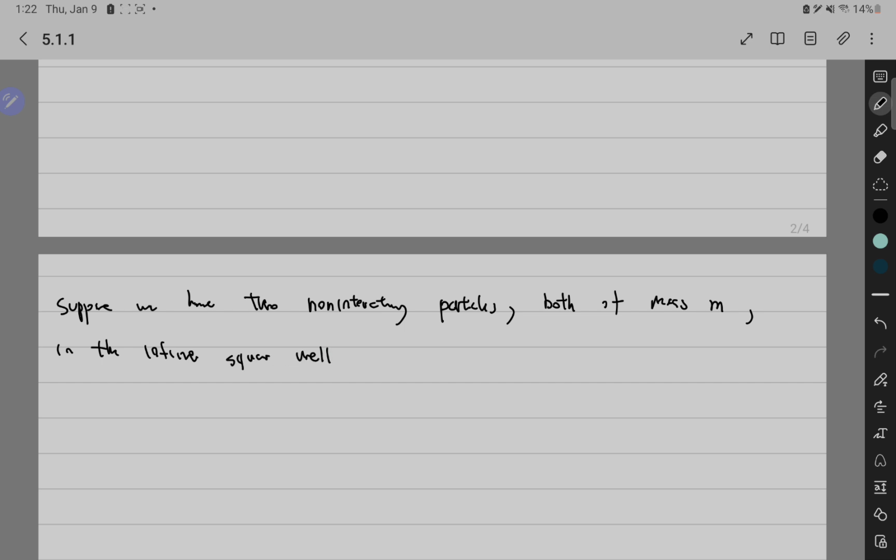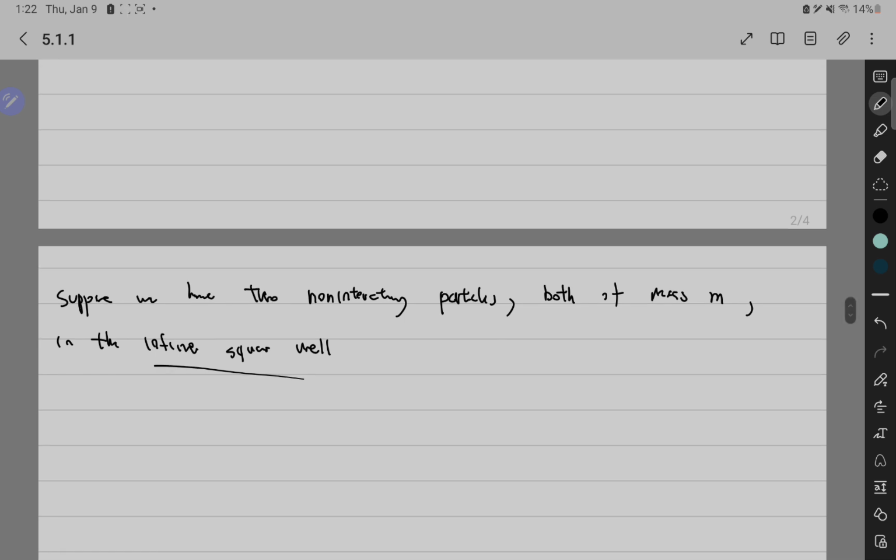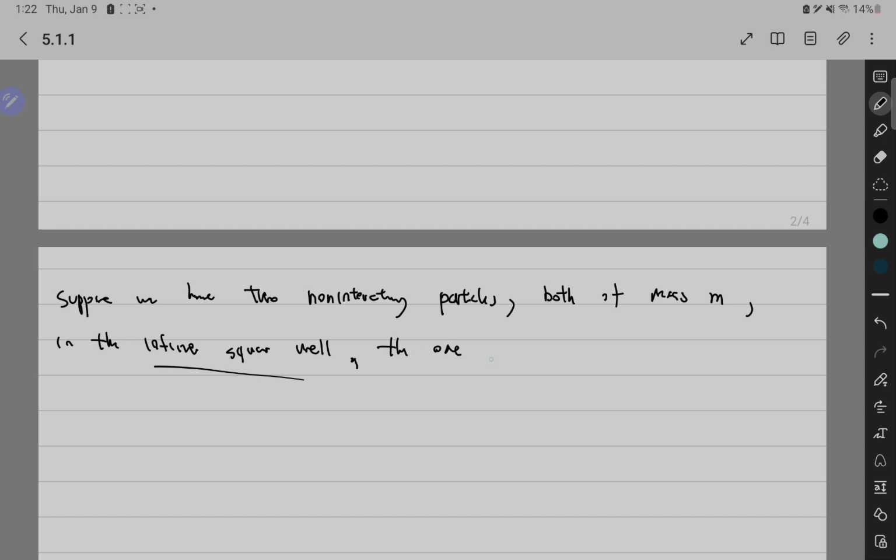You might remember this from chapter 2 or chapter 3, where we talked about particles in the infinite square well. Then we want to know the one-particle states. Then the one-particle state is what?